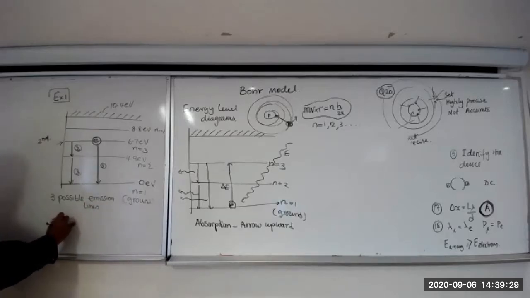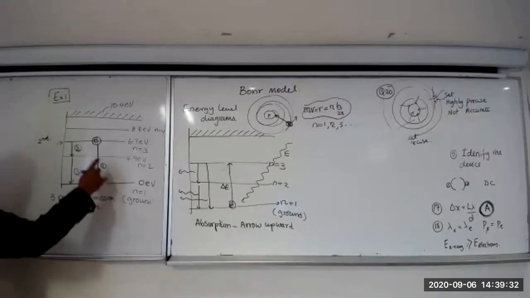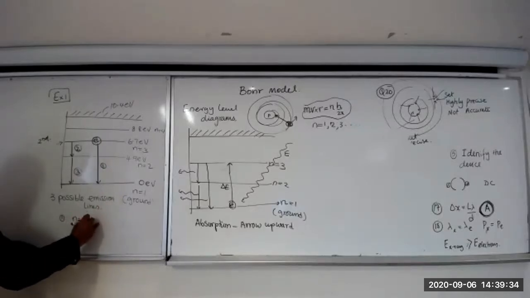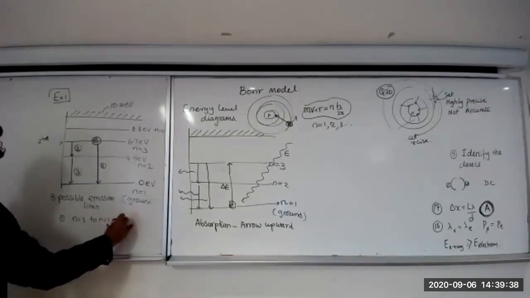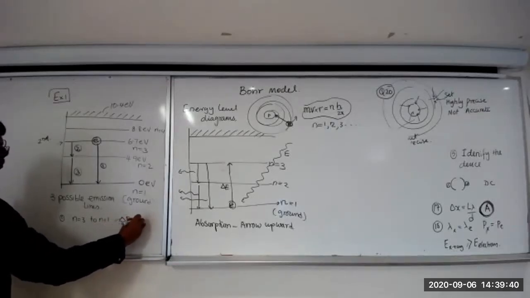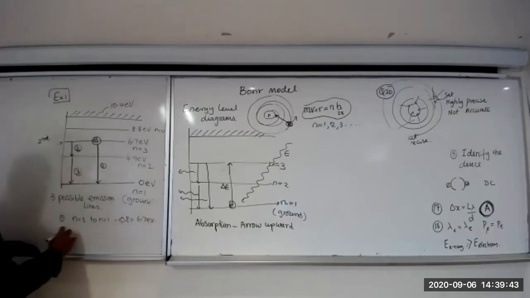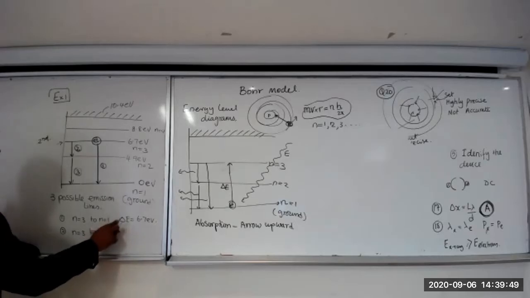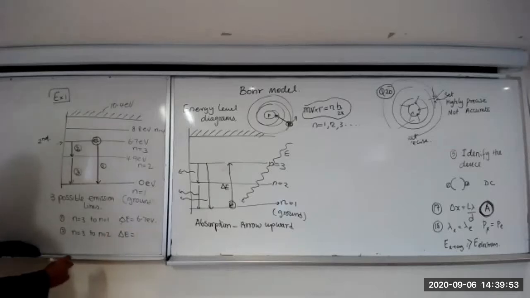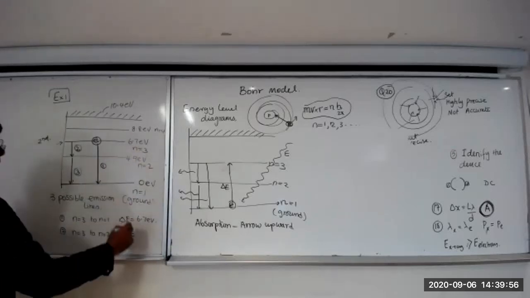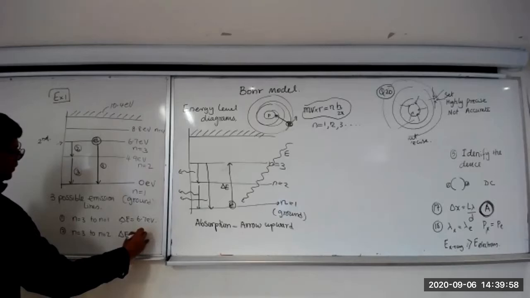The first one would be n equals 3 to ground state. In terms of energy difference, that is 6.7. For the second one, n equals 3 to n equals 2, that would be 1.8, that's 6.7 minus 4.9.